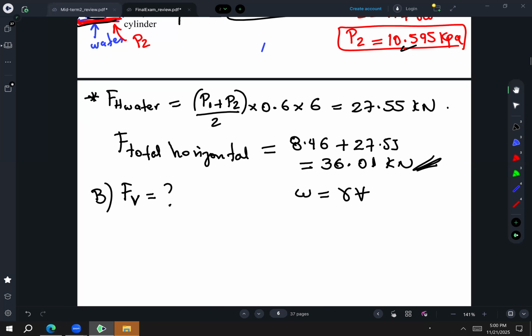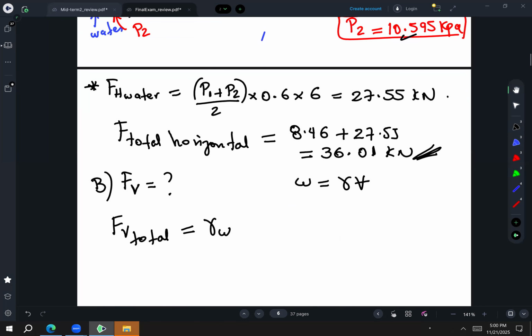So the vertical force total will be equal to gamma of water and one quarter of the volume of the log, which is going to be one quarter of pi times radius squared times the length, right? That will be plus gamma of oil, also the same, right?